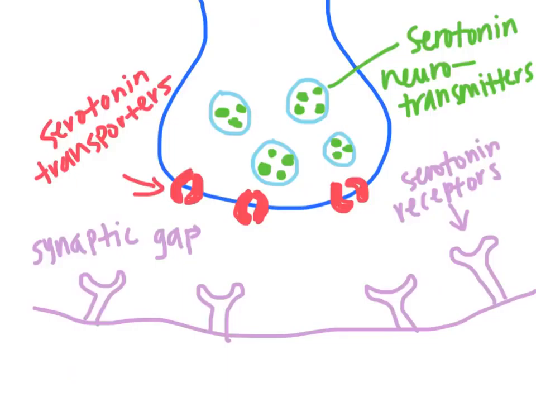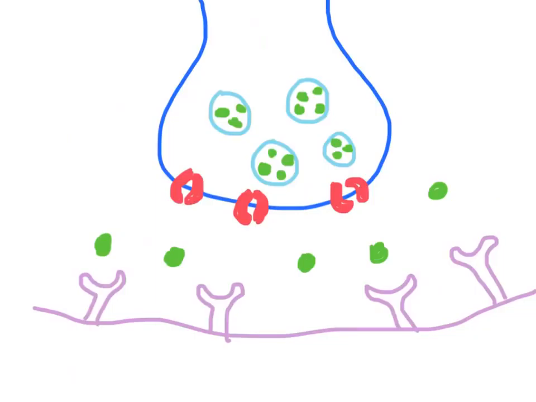Another example of the synapse in action is serotonin. After the serotonin neurotransmitters are done doing their job, the serotonin transporter's job is to remove the serotonin neurotransmitters from the synaptic gap. However, like dopamine, serotonin can be released from the axon terminals into the serotonin receptors generated by the stimulus.